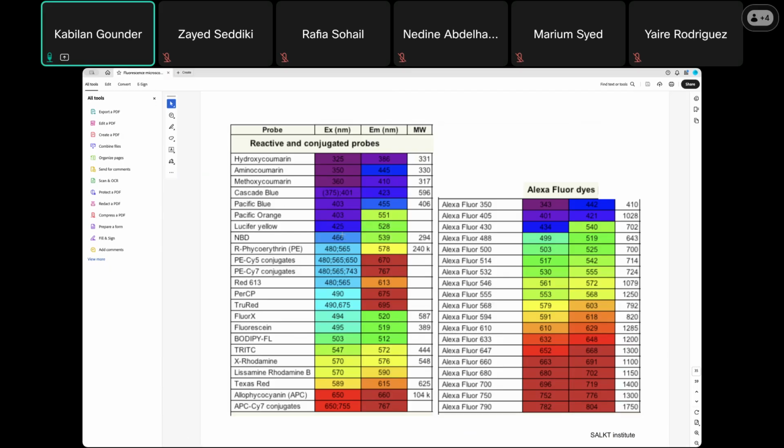All these probes are important, and depending on which one you choose, you will get this kind of fluorescence. Again, here also are dyes; there are several Alexa Fluor dyes. It all depends on which one you choose, and you will see different colors.